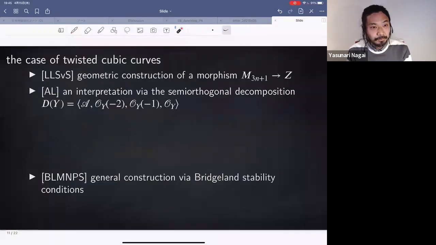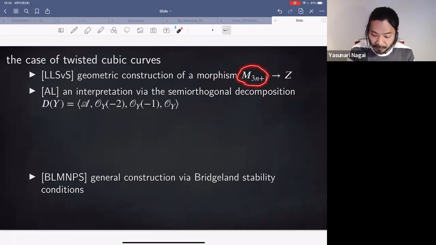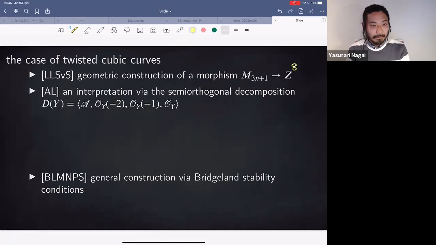And actually, my collaborators worked on this problem in the case of twisted cubic curves. They started from a rational normal component of twisted cubic curves on the cubic fourfold Y, and then they explicitly constructed a morphism to an 8-dimensional projectively symplectic manifold.